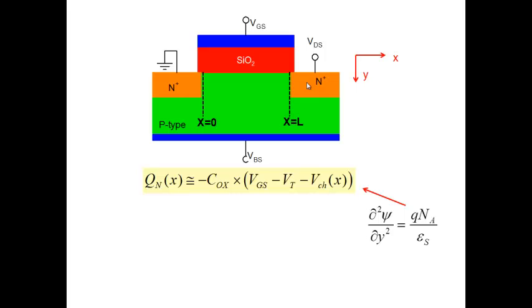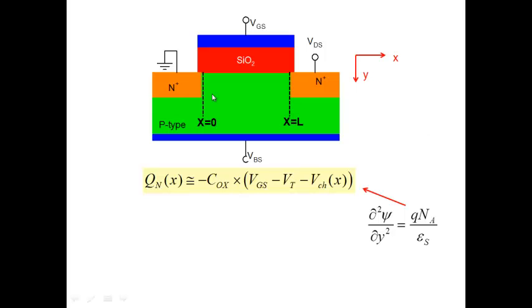All right. The next thing is there's an even more serious assumption behind this. If you recall, the equation that you see here was derived by solving Poisson's equation in the y direction, del square psi del y square equal to q Na by epsilon s, and we obtain this particular model, which is okay in a capacitor.